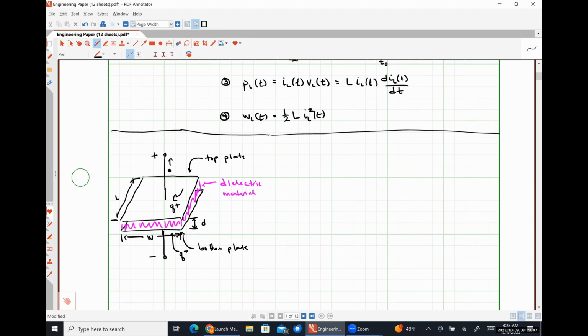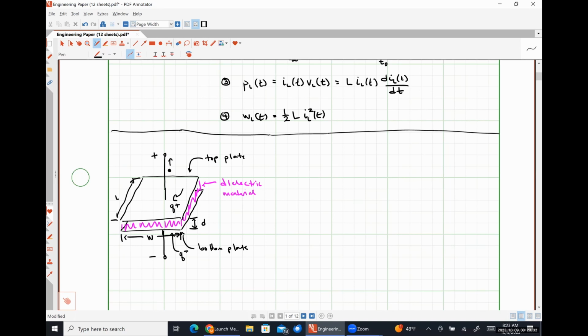So while we don't have a current in a traditional sense flowing through the device, it looks like that's happening. What it's really called is a displacement current, because we are displacing charge carriers on and off the plate, and their movement on and off the plate looks like a current.